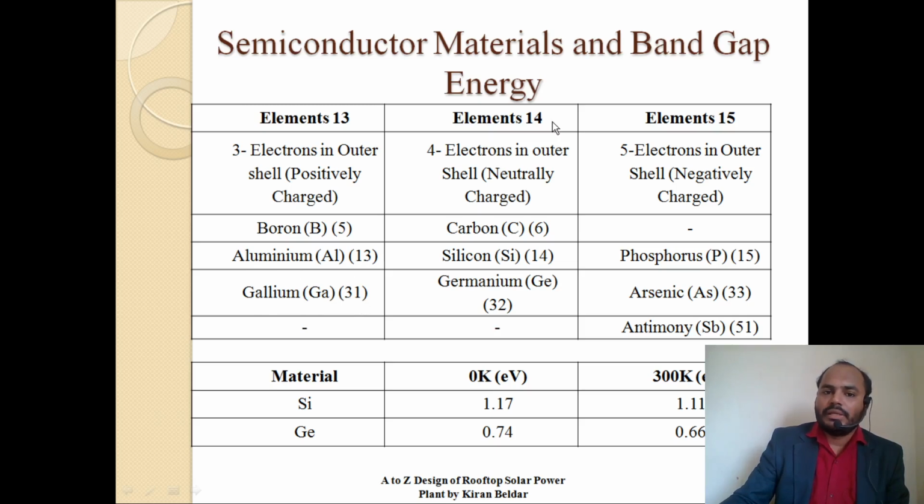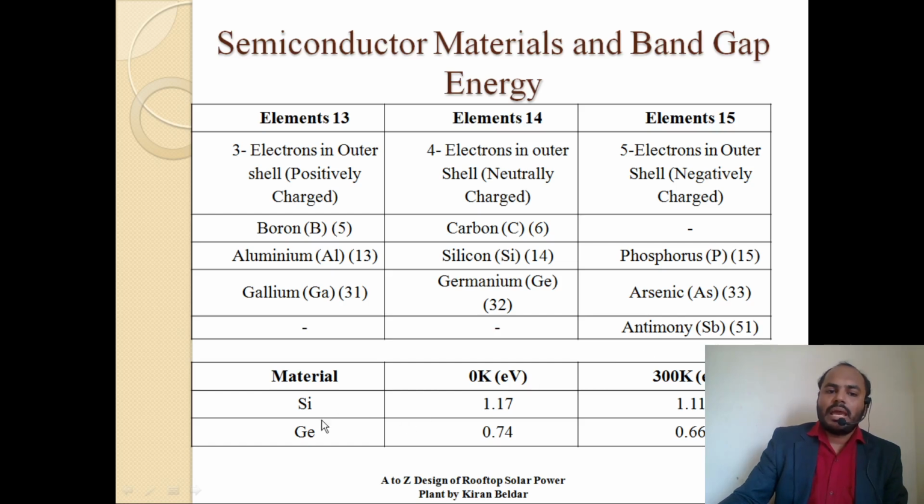In group 14, carbon has atomic number 6, silicon has atomic number 14, and germanium has atomic number 32. In group 15, 5 electrons exist in the valence band. The elements are phosphorus with atomic number 15, arsenic with atomic number 33, and antimony with atomic number 51.